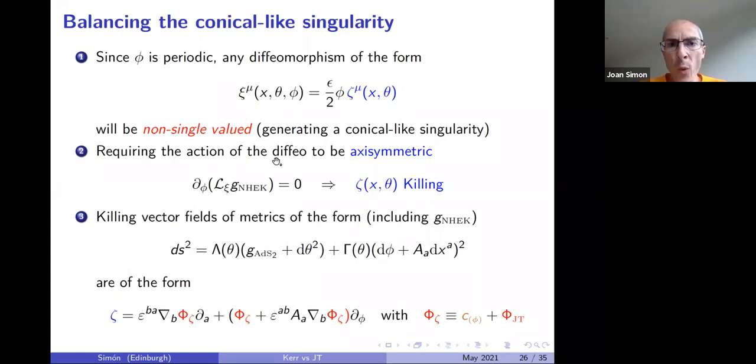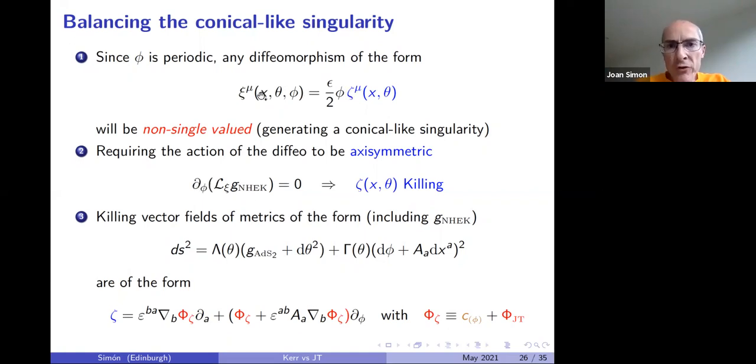Now, we wanted the perturbation that is the Lie derivative of the neck metric along this diffeo. That's what this parenthesis is. We wanted the perturbation to remain axisymmetric. So this means that in terms of Killing equations, the metric should be independent of phi.